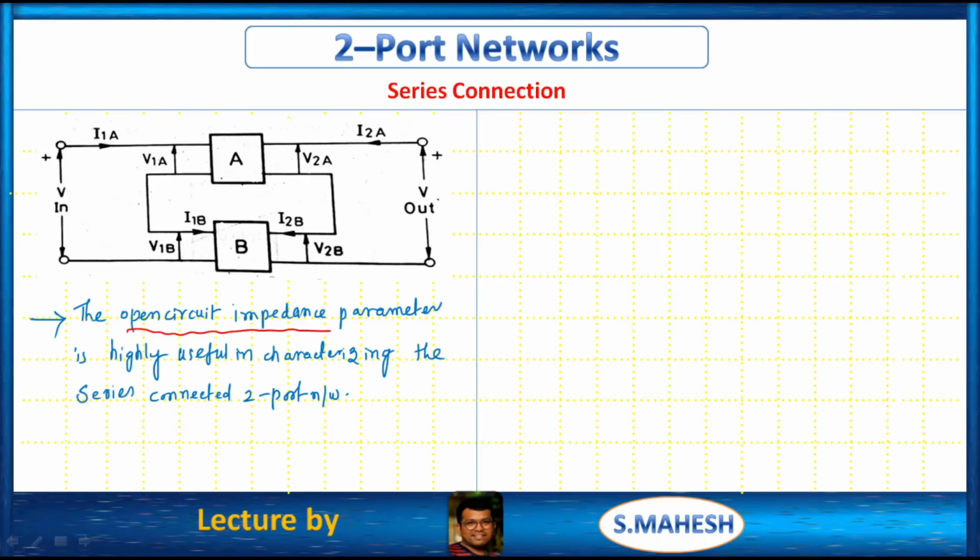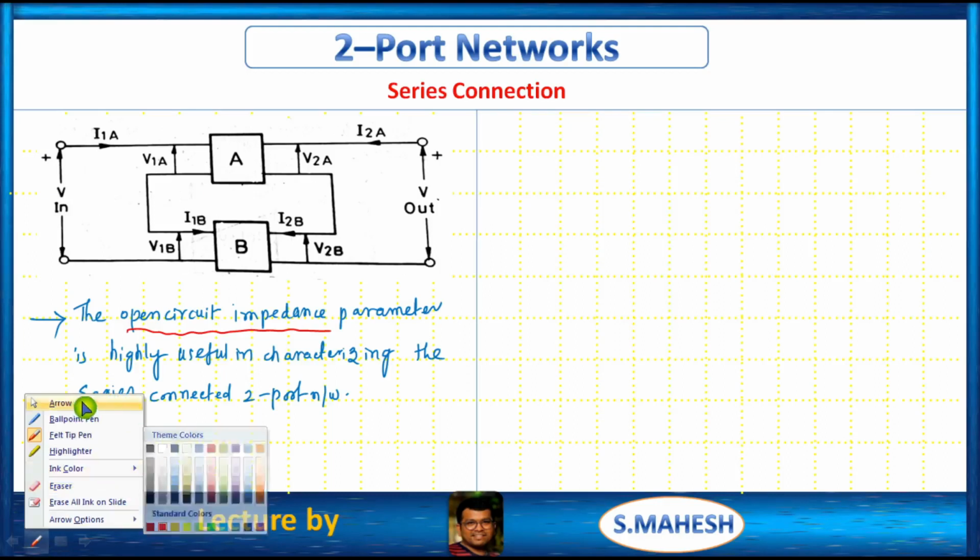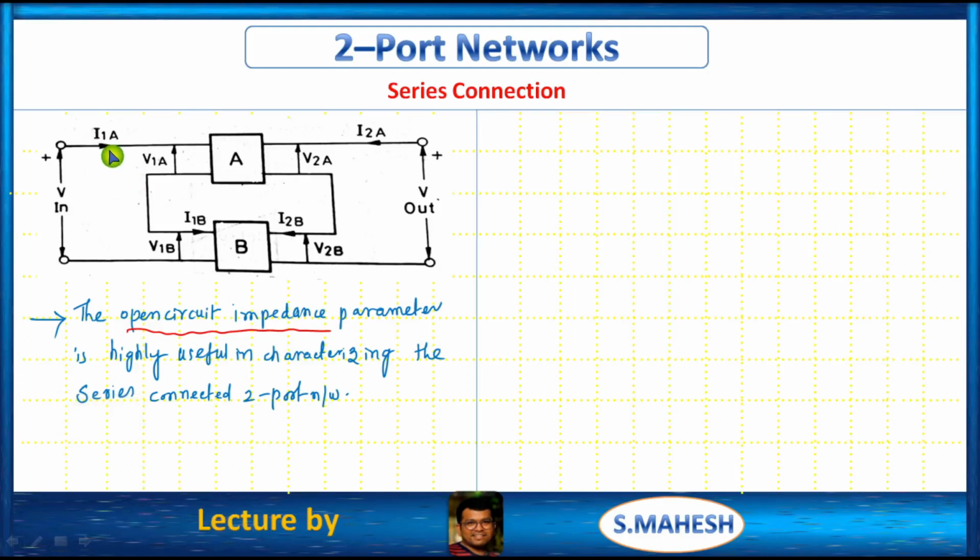So here we have two networks which are A and B. The current through port 1 is I1A, and from port 2 we have I2A. Then across network A we have V1A, V2A, and across network B, V1B, V2B.